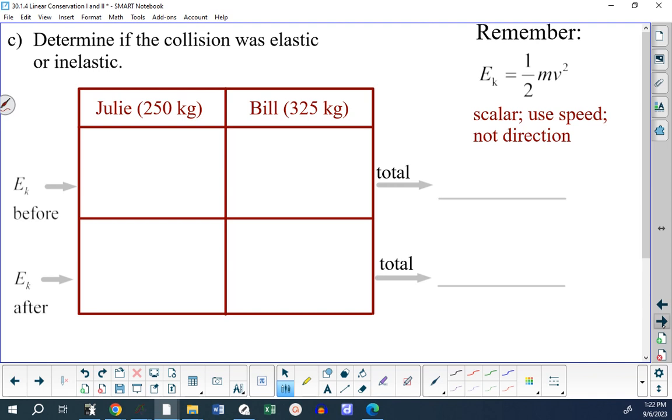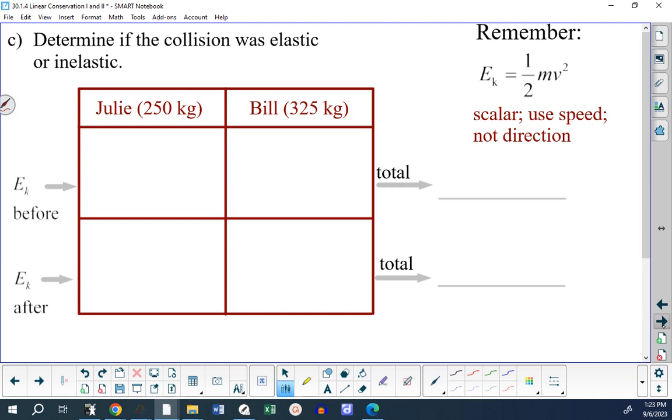So for people who are physically in the room, I would like everybody here to calculate Julie's kinetic energy before. It's 1/2 mv squared. You need to take 1/2 times her mass times her speed before squared. Everybody here, I would like you to find Julie's kinetic energy after. Everybody here, I would like you to find Bill's kinetic energy before.